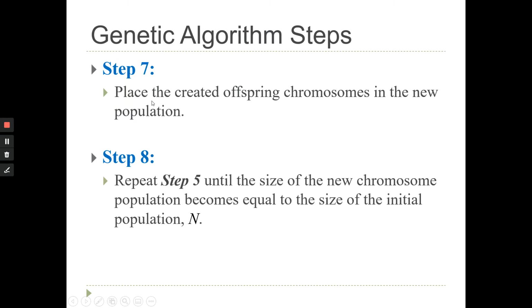Number 7, after creating the offspring, meaning the new generation, it has to be stored in the new population. So we have the original population of size n, maybe 10. Then we create the new generation and store it in the new population.